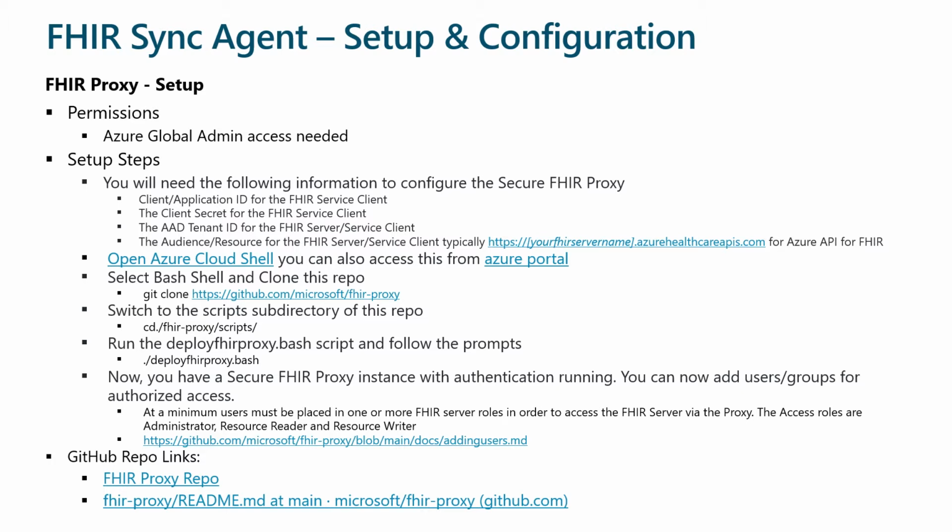You can add users and groups for the authorized users. At a minimum, users must be placed in one or more FHIR server roles in order to access the FHIR server or Azure API for FHIR via the proxy. The access roles are administrator, resource reader and resource writer. Here is the link to the FHIR proxy repo, which is on GitHub.